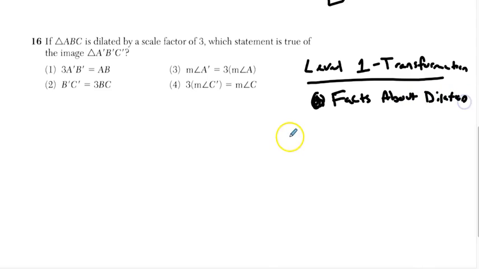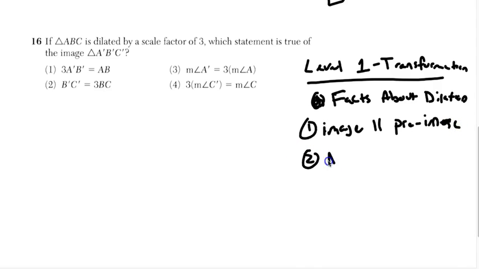Well, one thing I know is this. When you dilate a line, the image is parallel to the preimage. So we always know the image is parallel to the preimage, right? Any line is. Now, 2, I know angle measures are preserved.